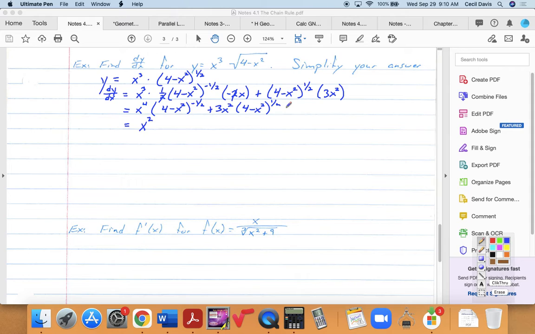Well, in order to think about factoring those, let's go back to factoring out the x squared. We factored out the lower common factor, right? x squared is less than x to the fourth. So here we're going to factor out the lower one. So that'll be the 4 minus x squared to the negative 1/2.